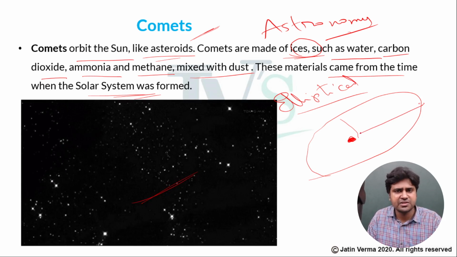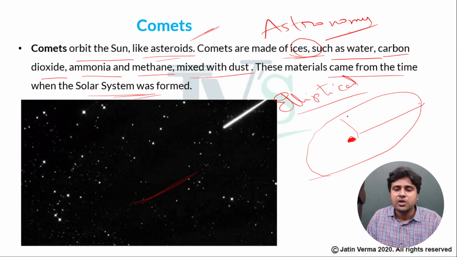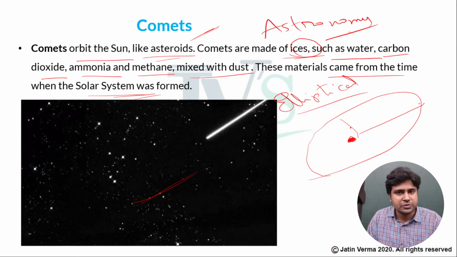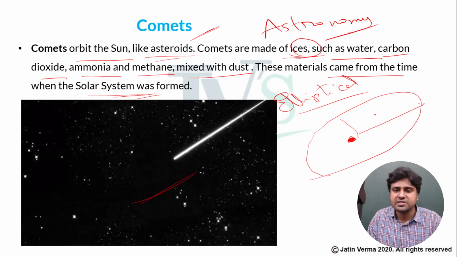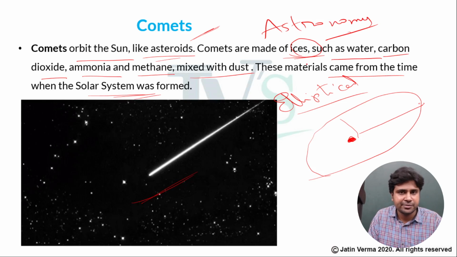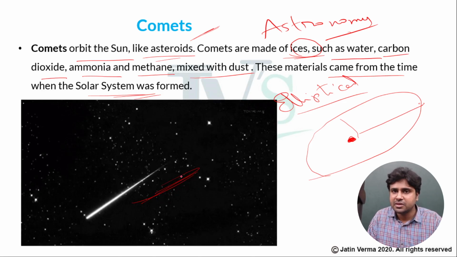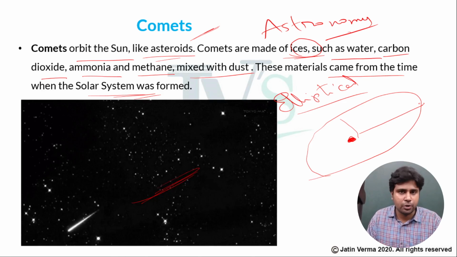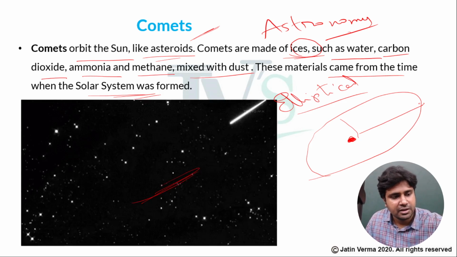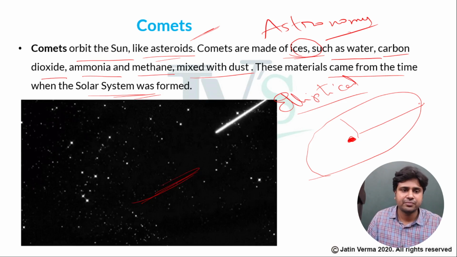This is ellipse, a rough diagram. So when comets come close to the sun, due to the heat of the sun, these ices will get melted and they will form a tail behind the comet. So that is how comet's tail is formed. Clear, right? So I hope you understood this.